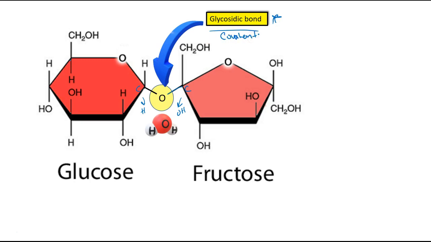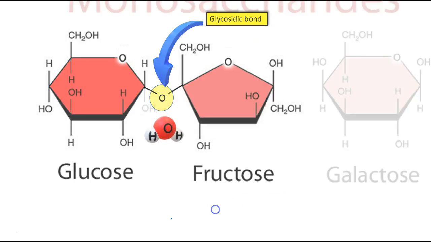It's very strong. It is the bond that holds two monosaccharides together, forming a double-ringed structure called a disaccharide. When we bond the H and OH together, we remove those two components as water, and the water is going to leave.